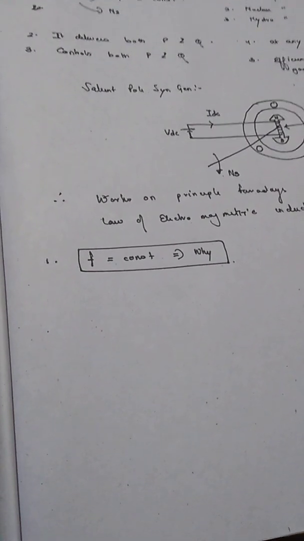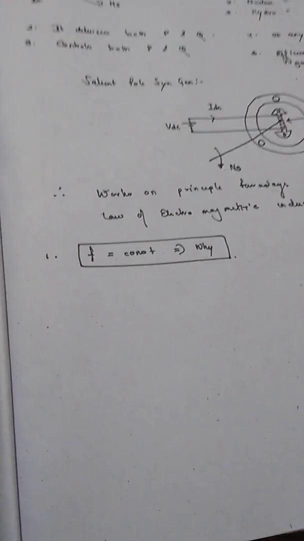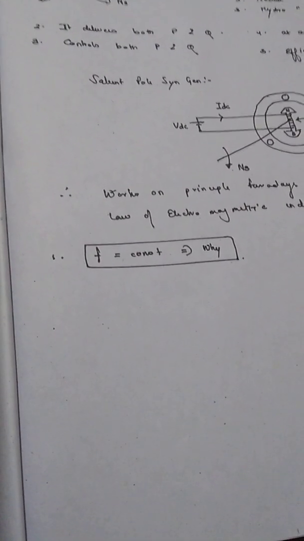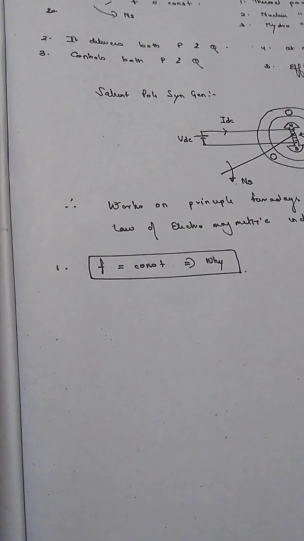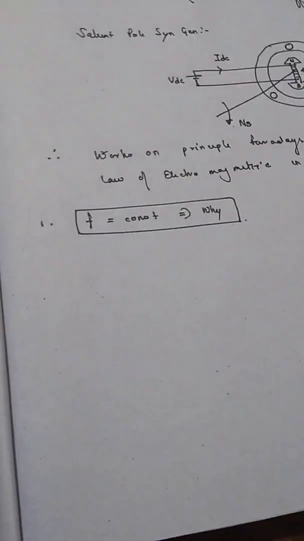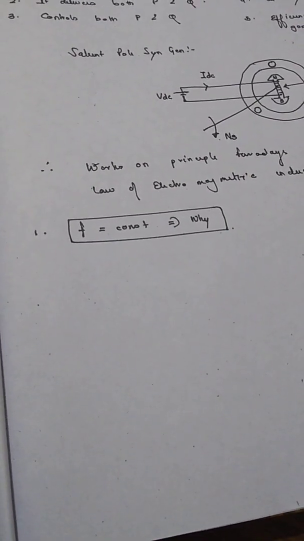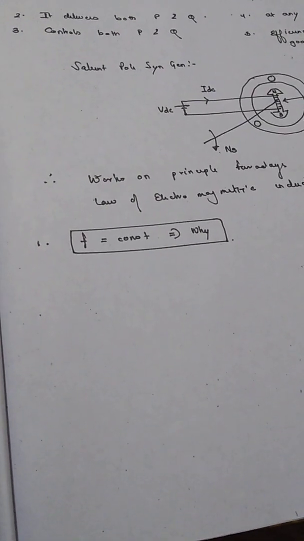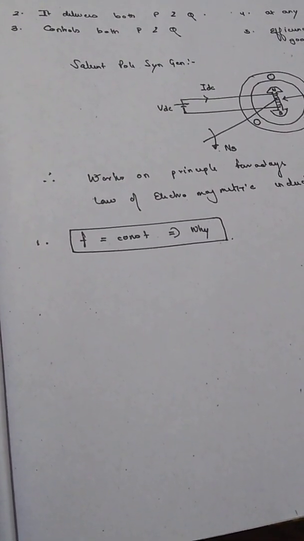As all the generators are connected to the grid, that is parallel operation, the frequency must be kept constant. For parallel operation, frequency and voltage must be constant.